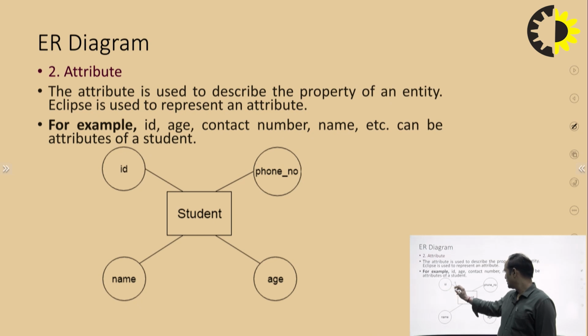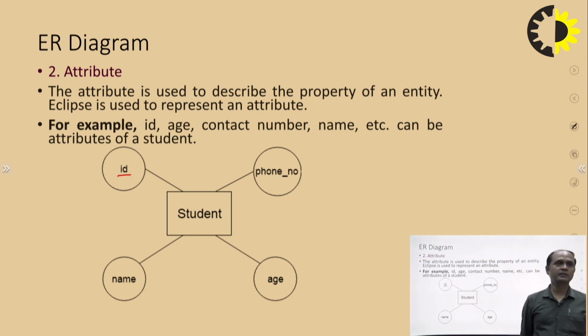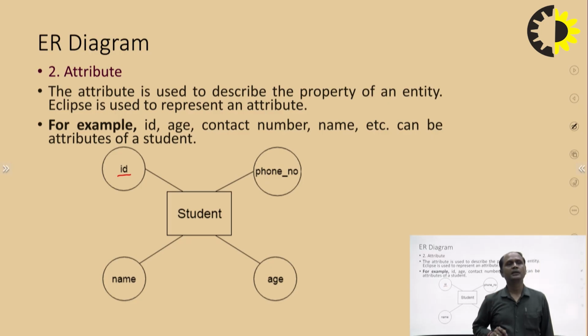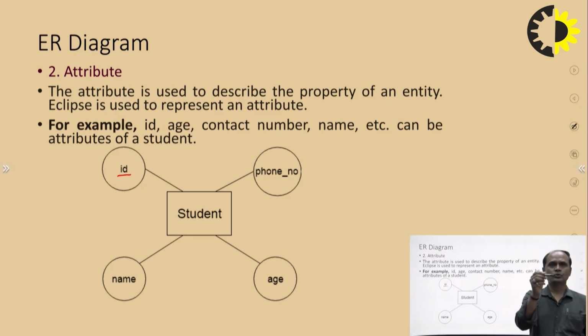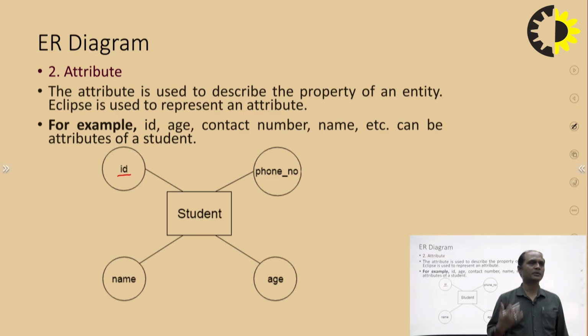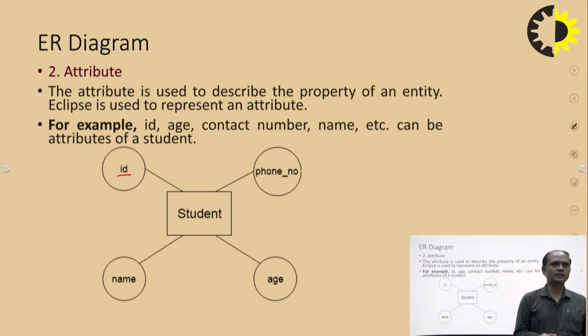Here we can mention ID as the primary key. We can underline that ID with a line, so it is called the prime attribute of that situation. So an attribute describes the property of an entity.